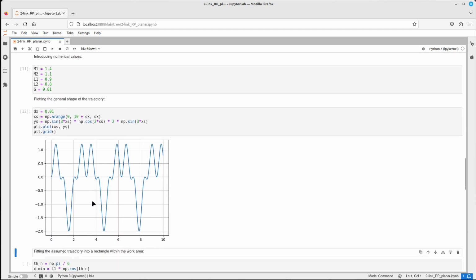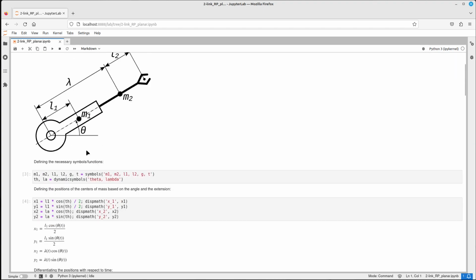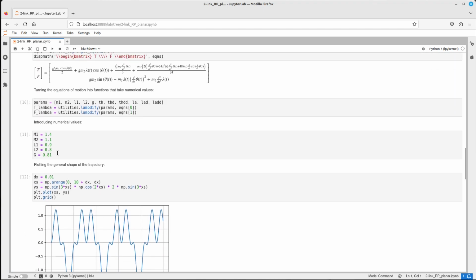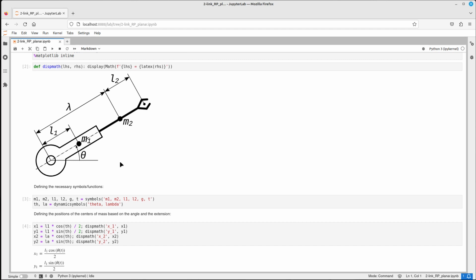But as you can see here, it's from 0 to 10, and here from minus 1 up to 1. But you know, we've assumed some dimensions here for those links. So of course, the work area, I'm speaking of the work area here because it's a planar structure rather than, you know, a 3D structure. So I'm not really talking about a workspace.